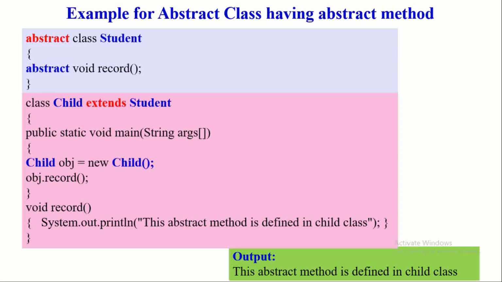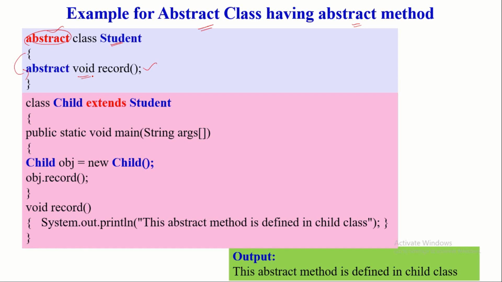Let us discuss the abstract class which has an abstract method inside it. Here the class student is known as an abstract class because it has the keyword abstract, and inside the abstract class an abstract method is included.